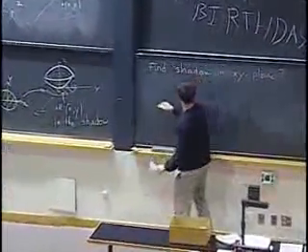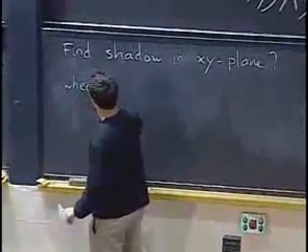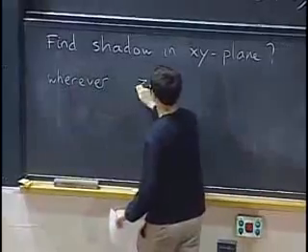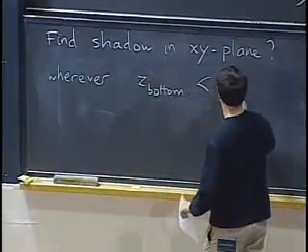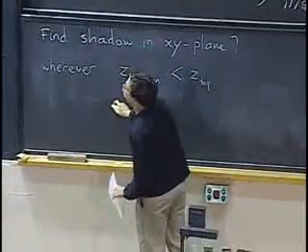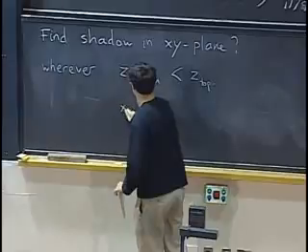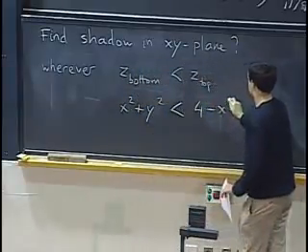So we want to look at things wherever the bottom value of z is less than the top value of z. I mean, less or less than or equal, that's the same thing. So the bottom value of z, x squared plus y squared, should be less than 4 minus x squared minus y squared.